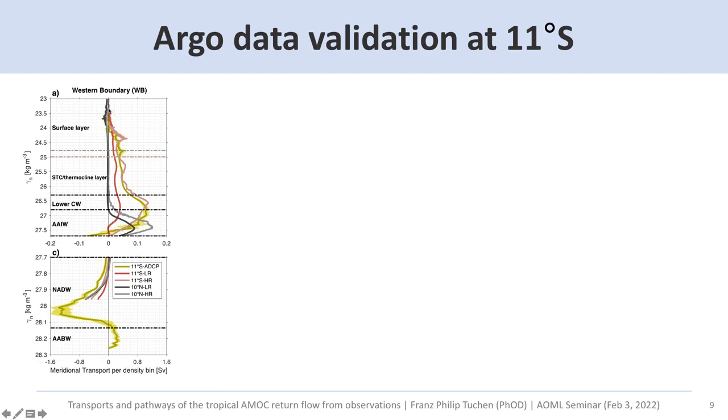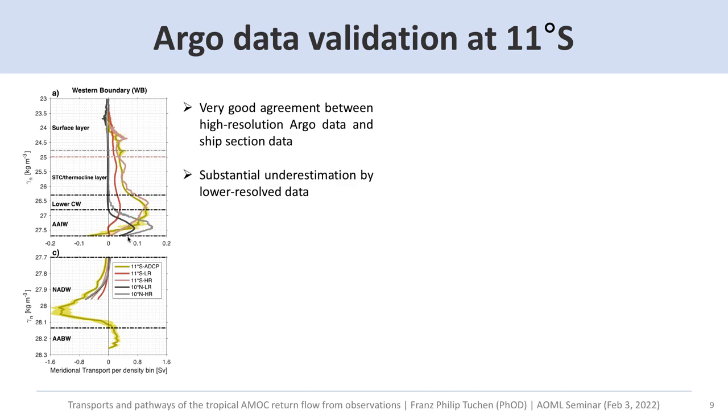But coming to the return flow layer again, you can see that at 11 South, the low resolution product is largely underestimating what we are observing by ship measurements, and this difference is now greatly reduced when we are using the high resolution product, which is a bit shallower. So the core is a bit shallower, but overall the structure is quite well reproduced. We were quite excited about this outcome.